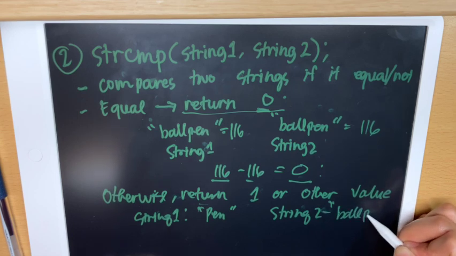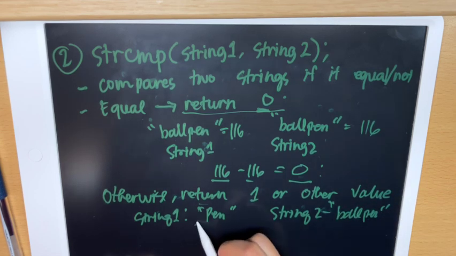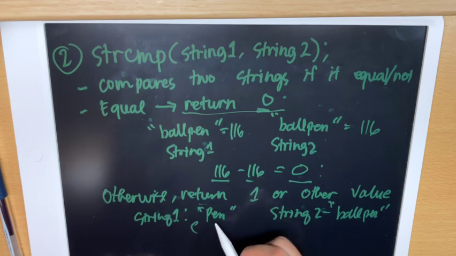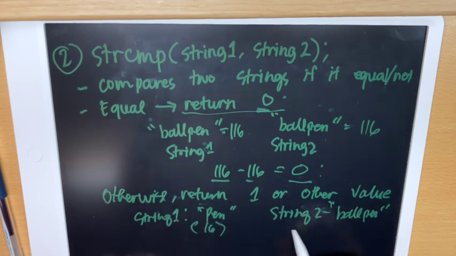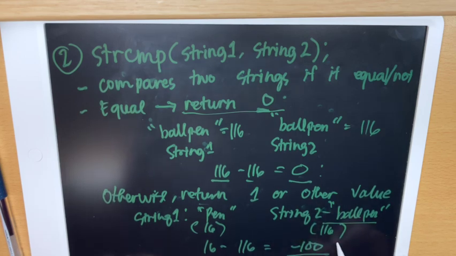So obviously it's different, and the pen value is, let's just say, 16, while string 2 is 116. So 16 minus 116 is negative 100, which means they are not the same.